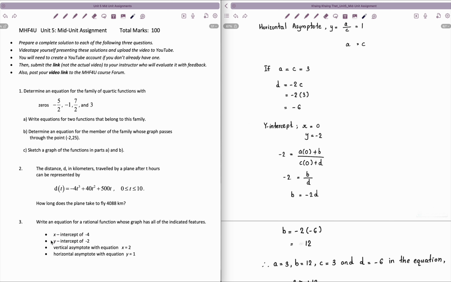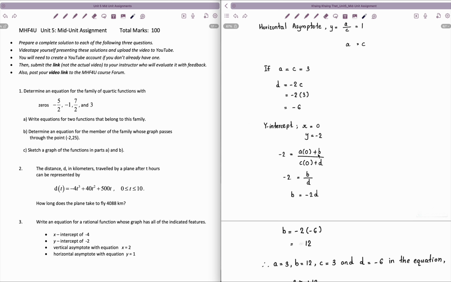If we use the x-intercept, the coordinate point is x equals negative 4 and y is 0. If we use the y-intercept, the coordinate point is x equal to 0 and y equal to negative 2.